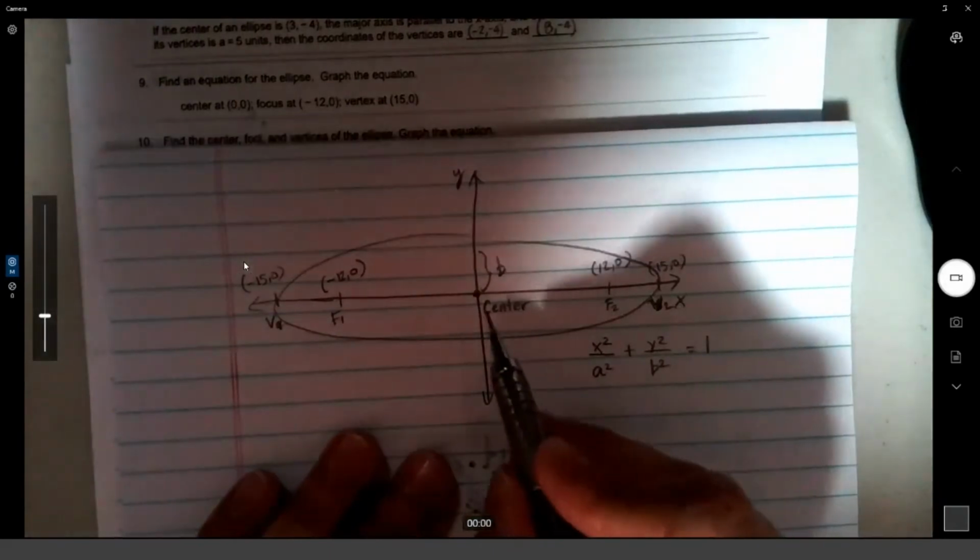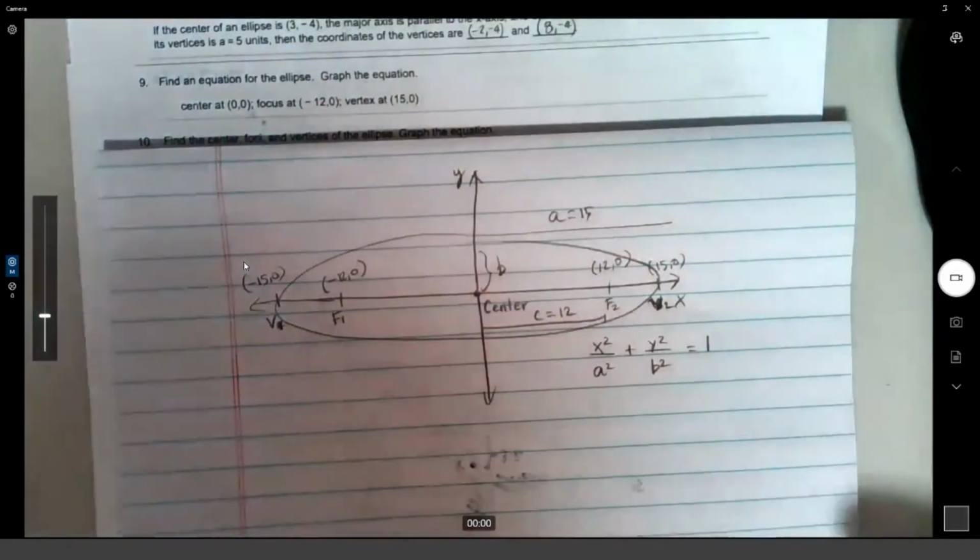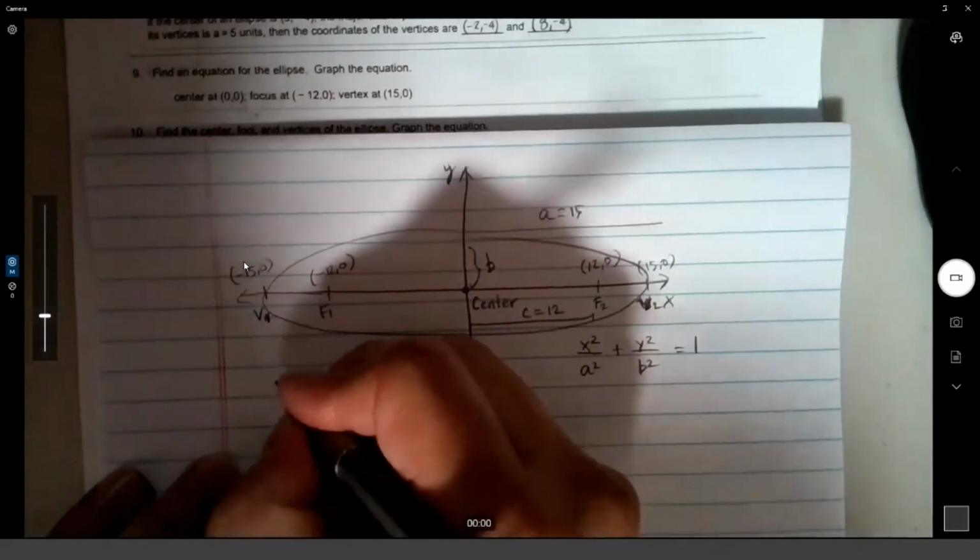The distance from the center to a vertex is what we call a. So that will be 15. The distance from the center to a focus is called c, and that is 12. And with that information, we can solve for b.